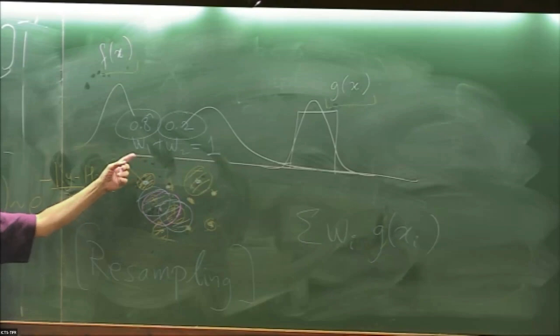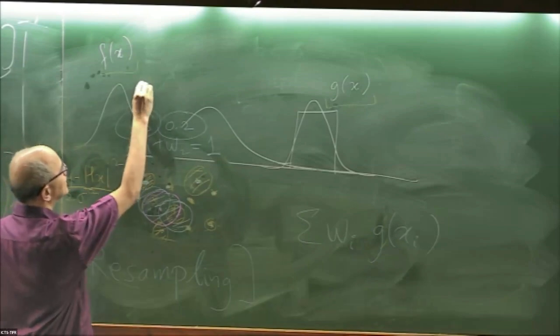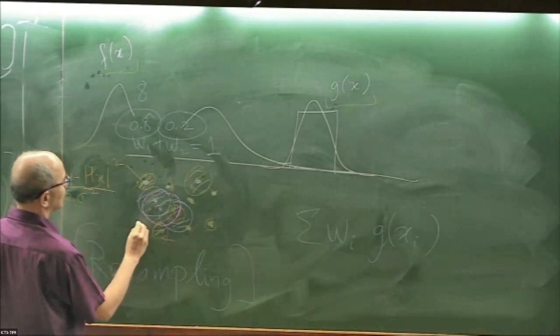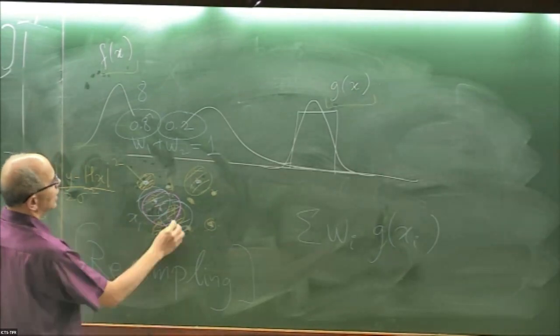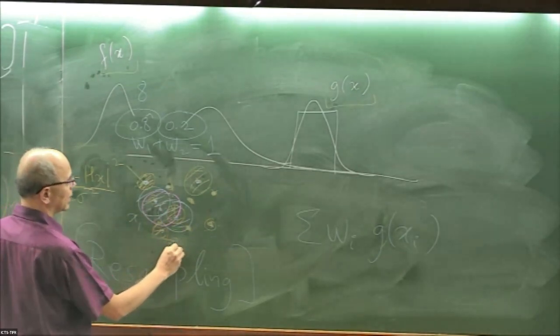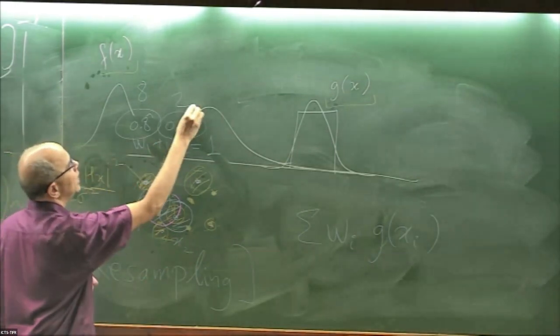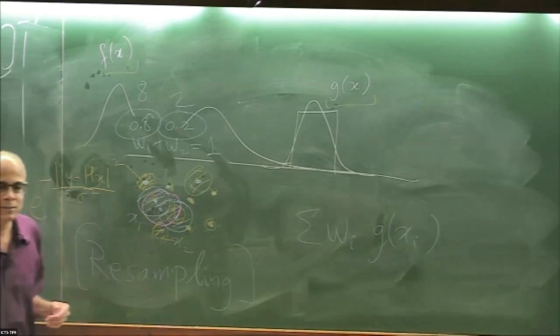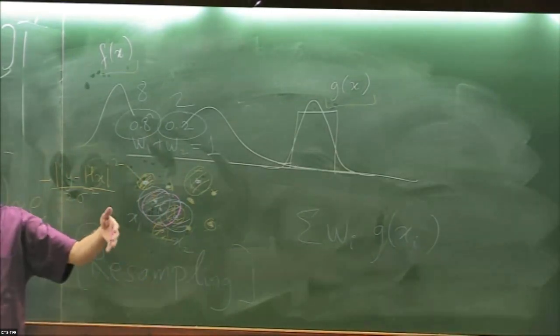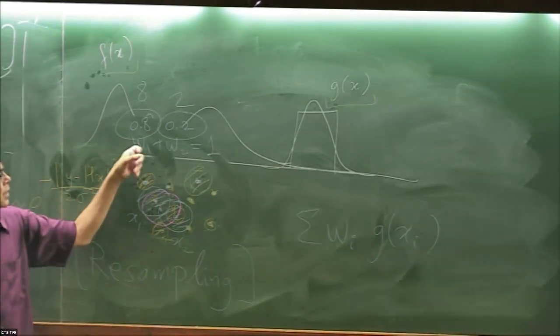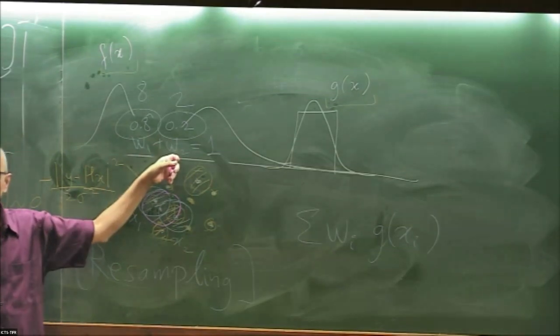One way to do it is to choose 8 new particles at the location of this one, x1, and only 2 new particles at the location of x2, because that is proportional to the weight of each of these particles. So the total ensemble size now is 12. These 2 remain with you.